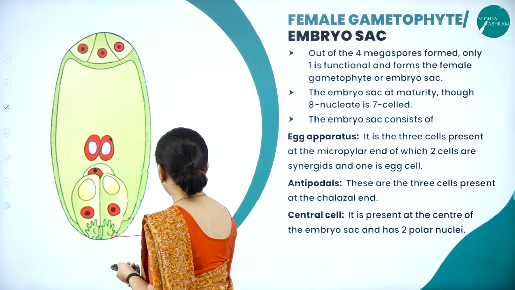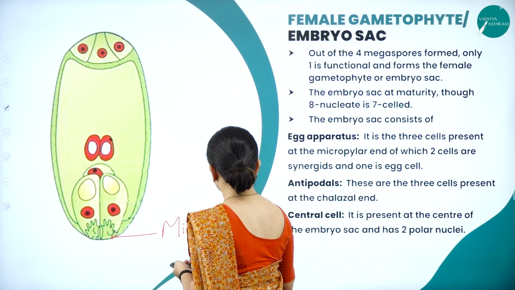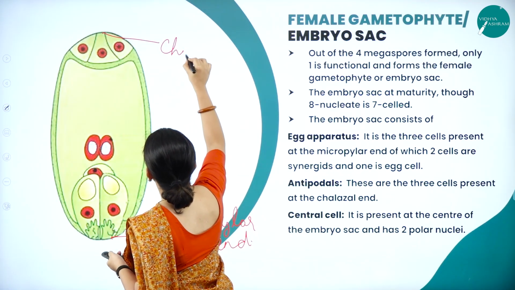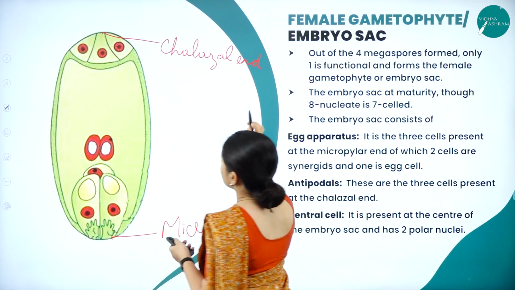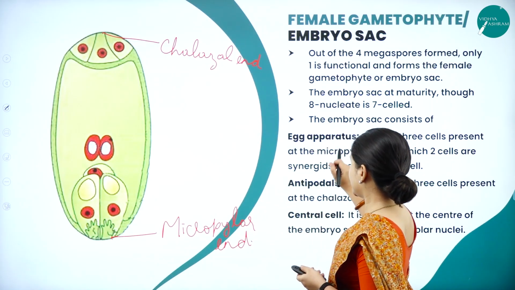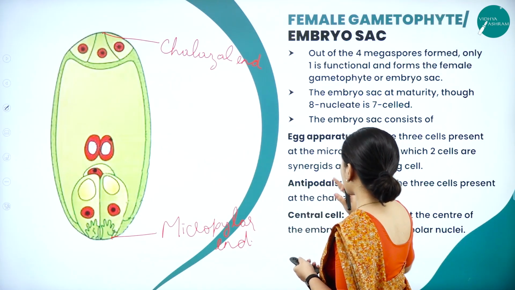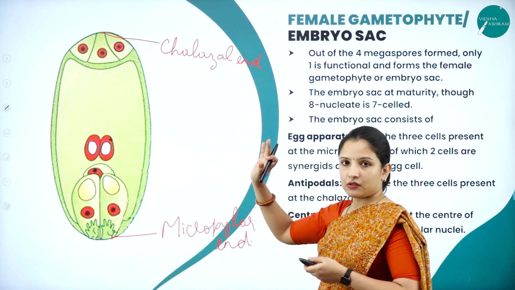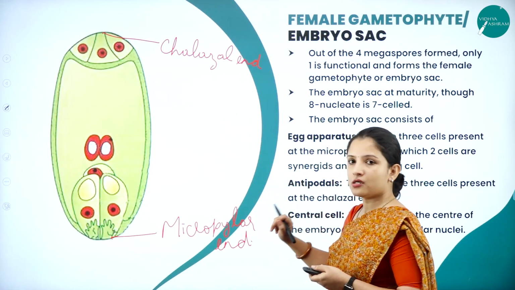You have the micropylar end and the chalazal. Do not get confused. Towards whichever side the egg apparatus is present, it is always the micropylar end, and towards whichever side the antipodal cells are present, that will always be the chalazal end. Since this is in an inverted form, I have written the chalazal end at the topmost corner and the micropylar end at the bottom corner.